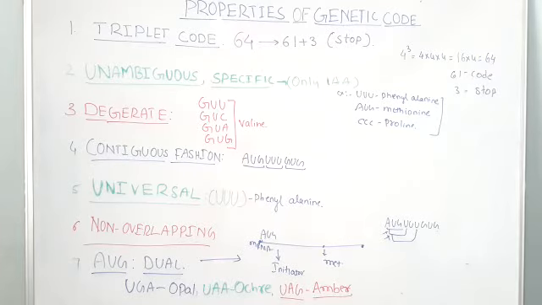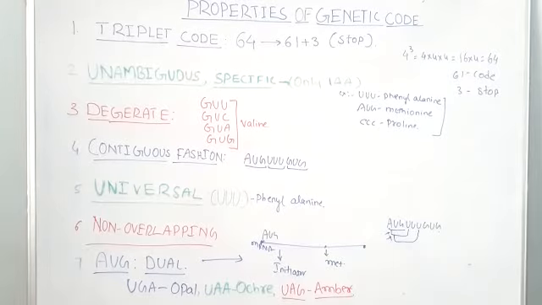This topic is very important from the theory point of view, and this concept will be asked as a 5 marks question. All the 7 points are supposed to be explained. So let me explain the salient features of genetic code one by one.